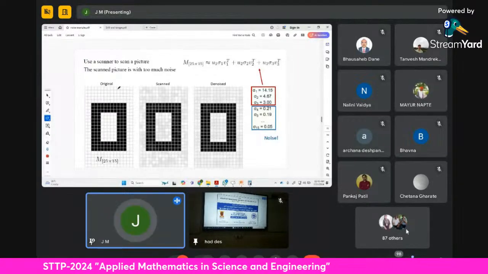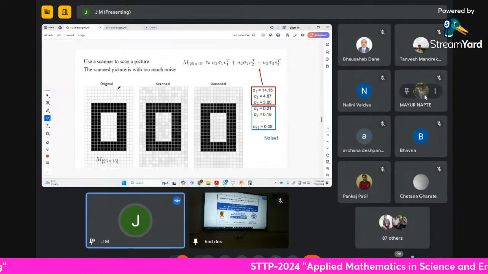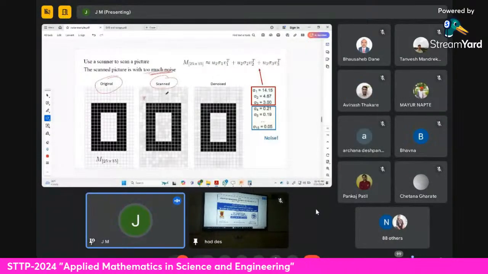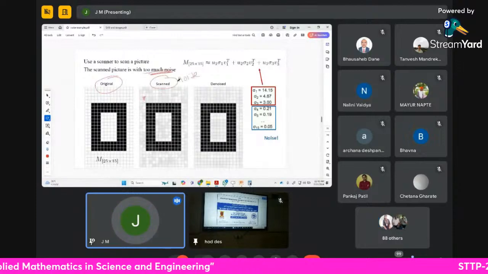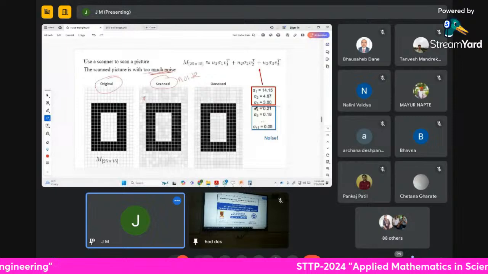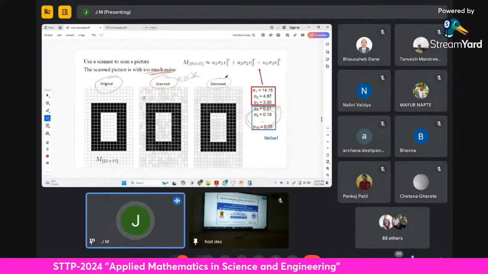Okay, so here you can see, there is also a dark color over here. So you find the SVD and you ignore those rows and columns of U and V transpose with very small singular values, and you can see this is a denoised image.